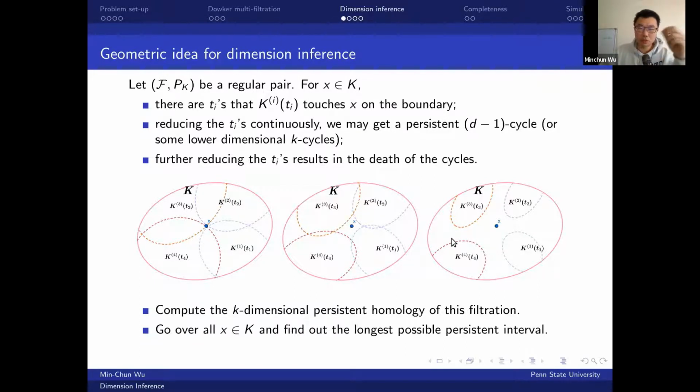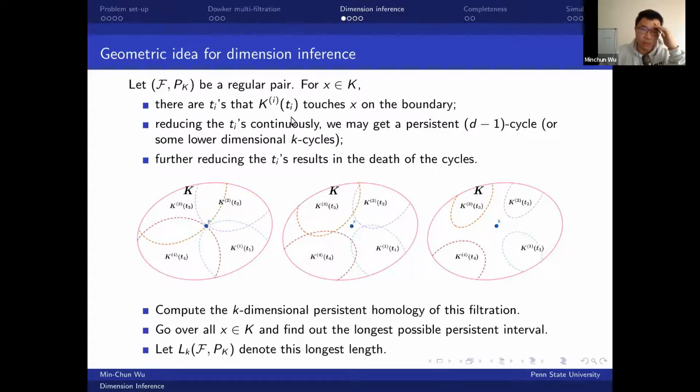Then we can change the point in the region, consider different filtrations, and figure out which point will give you the longest possible k-dimensional persistent interval. And we denote the longest possible persistent interval by this notation, L_k(F,K). Okay, so this is a definition.